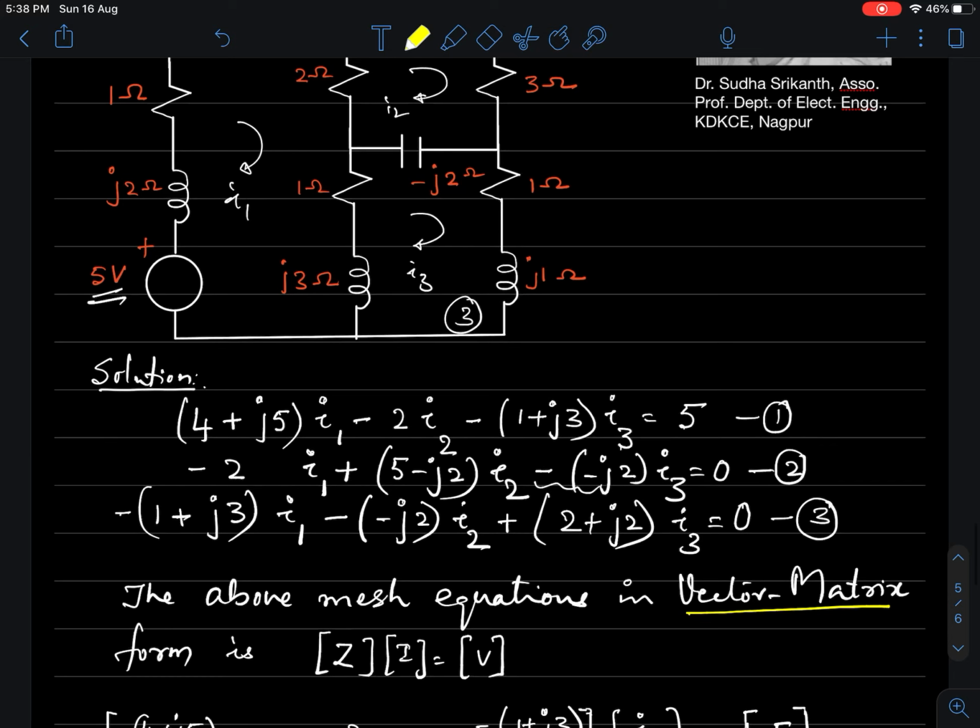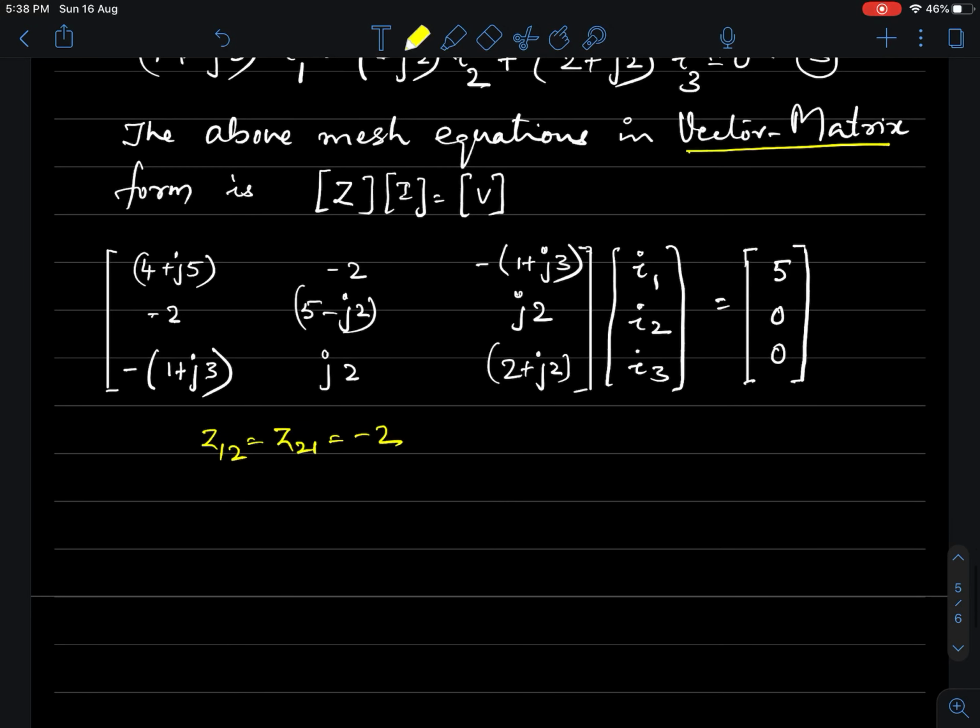Now this element, minus of (1 plus J3), is our Z13, first row, third column. This is equal to Z31, the third row and first column. Both are the same, minus of (1 plus J3).